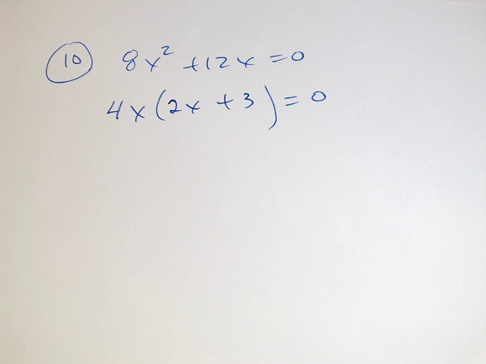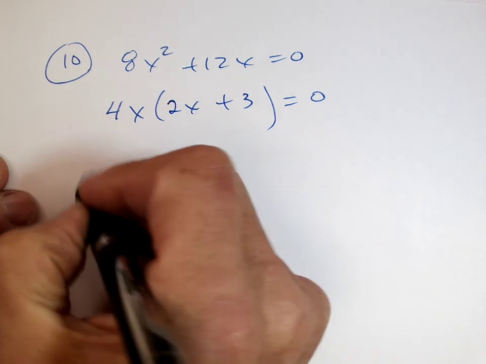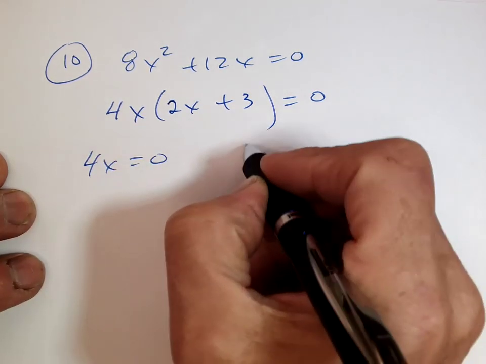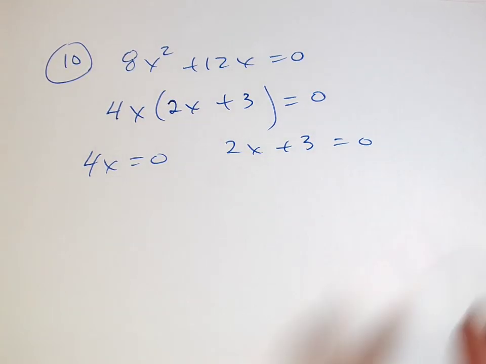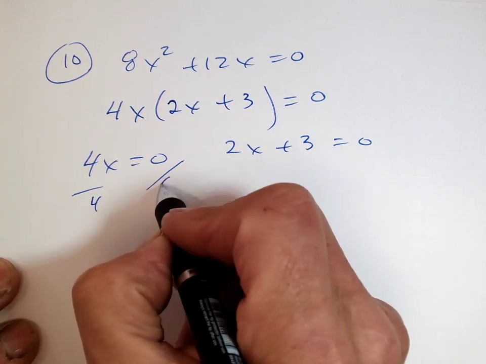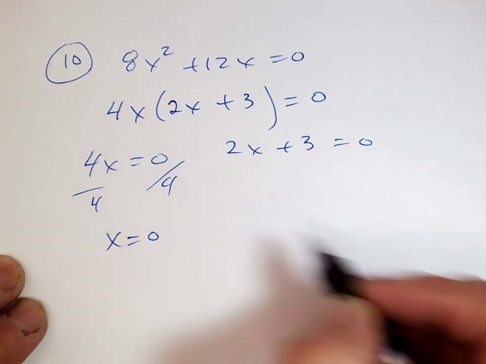Okay? So once I common factor out the 4x, I've got 2 mini equations, right? And I need 2 answers. One mini equation is 4x equals 0, and the other is 2x plus 3 equals 0. And I'm just going to solve to get my 2 zeros. So that's easy. Divide by 4, x equals 0.